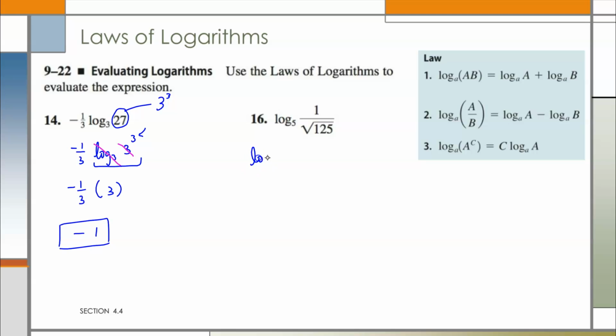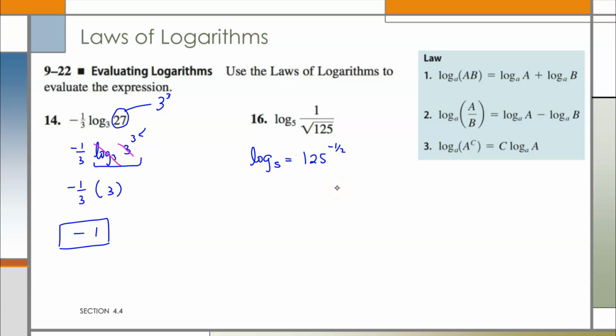Okay, log base 5 of 125 raised to the negative 1/2. The negative is bringing it up from the denominator. The square root is the same as the 1/2 power.